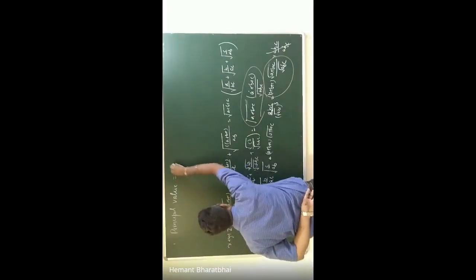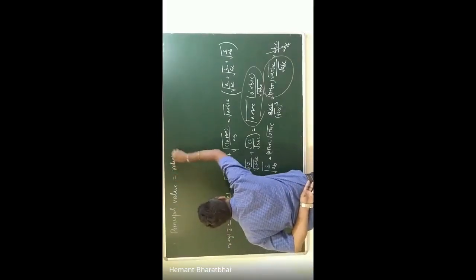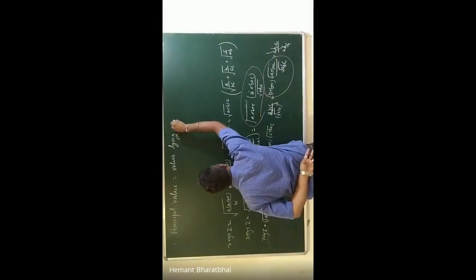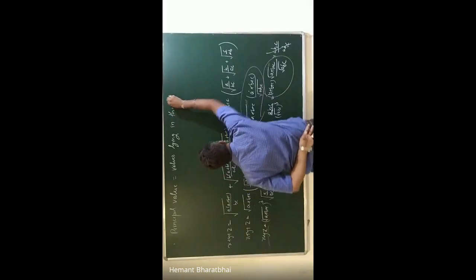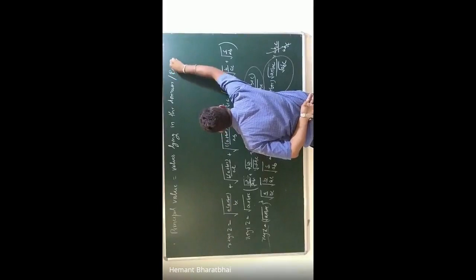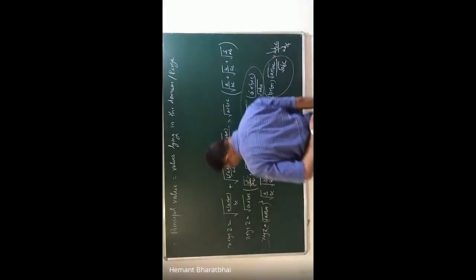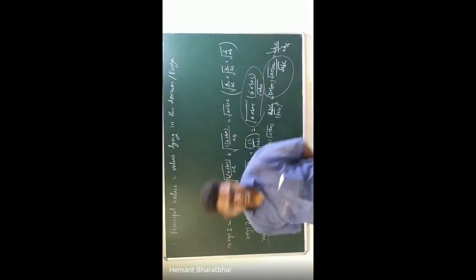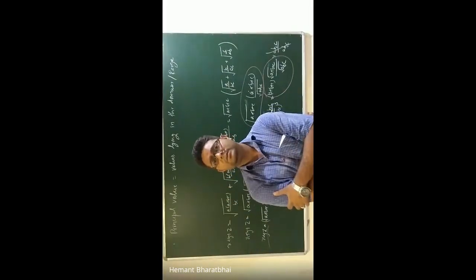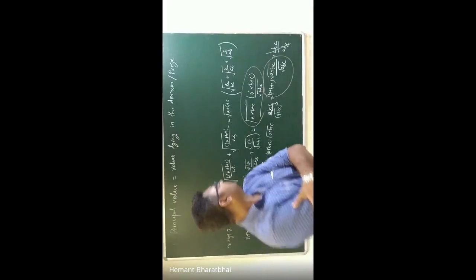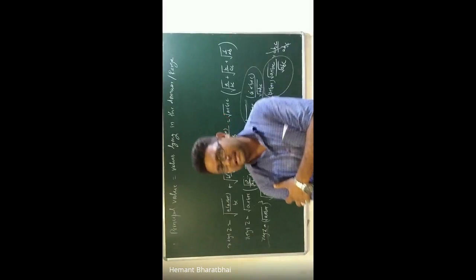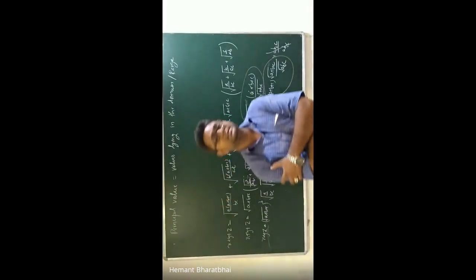So this is nothing but values lying in the domain or range of the given function. So the values which are lying in the domain or the range of the given function, those will be called as principal values. So we very well know for sine inverse it is minus pi by 2 to plus pi by 2.